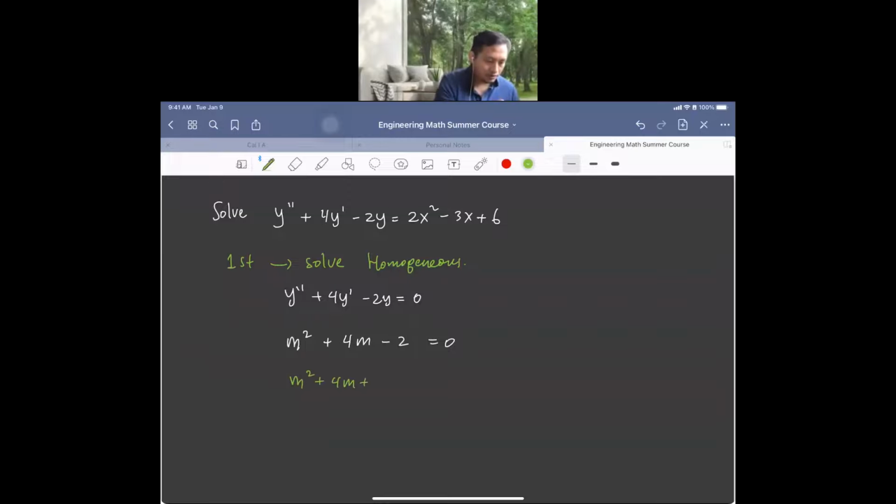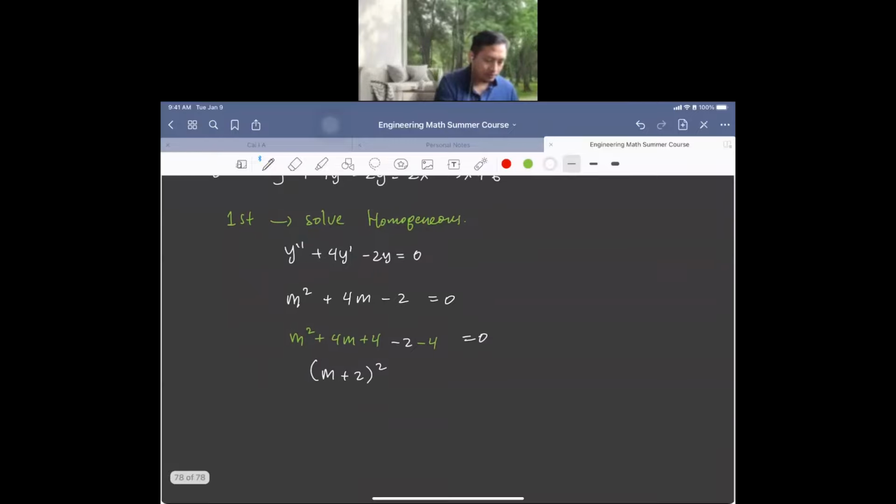I think this can be done by completing the square, plus 4, so this minus 2 would be minus 4. So this should be m plus 2 squared, I believe.